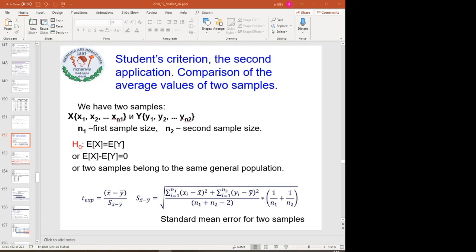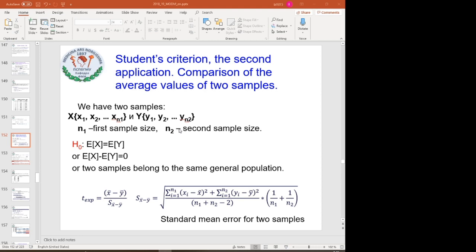The second variant of students' t-test is the comparison of two samples. Let it be sample 1 x and sample 2 y, and n1 is the sample size of the first sample, and n2 is the sample size of the second sample.